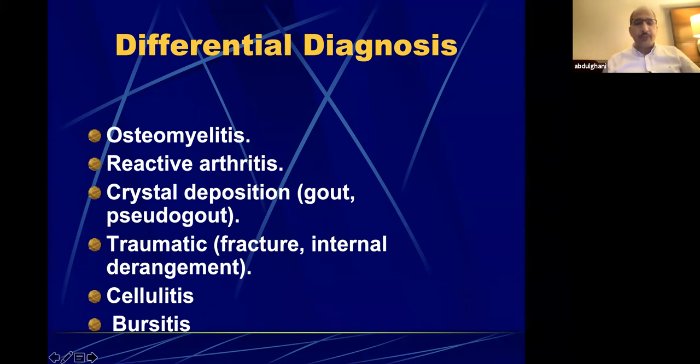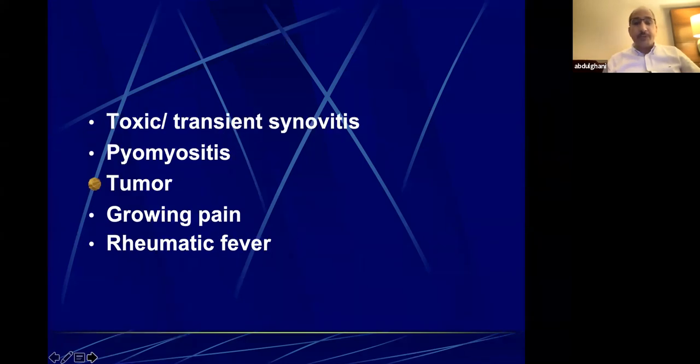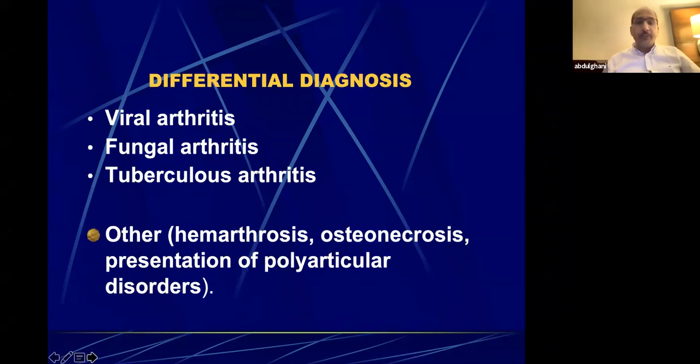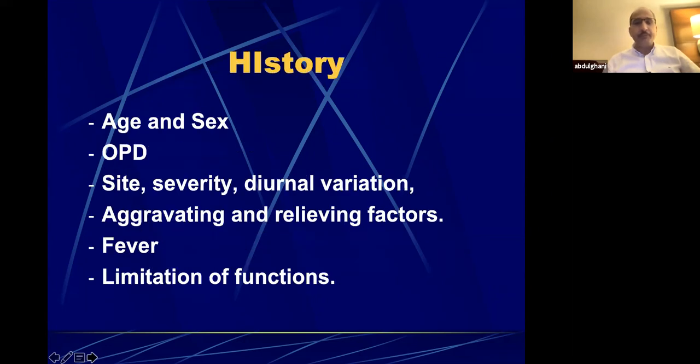There can be cellulitis, bursitis, toxic or transient synovitis, myositis, tumor, growing pains, rheumatic fever, and at times it may be infective but not necessarily pyogenic: viral infection, fungal infection, or tubercular arthritis. Other rare conditions include hemarthrosis, osteonecrosis, or presentation of acute polyarticular disease, as I've already told you.